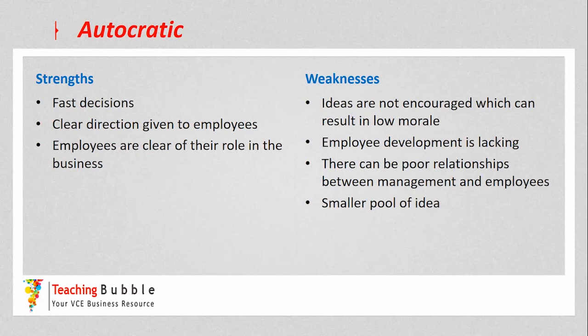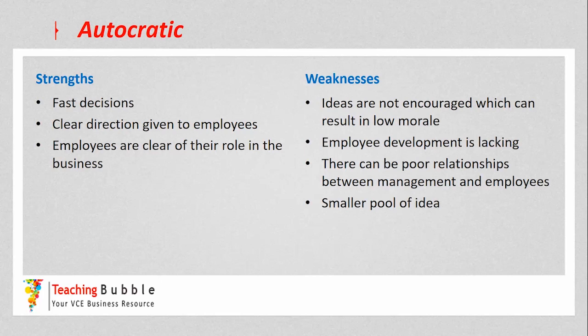However, there are some issues associated with using an autocratic management style. Ideas are not encouraged, which can result in low morale. What I mean by that is that ideas are not encouraged from the employees. It's just the manager saying, I make the decisions and I'll pass on that information in terms of what you need to do. Employee development is lacking because they're not involved in decision making or even understanding why a decision has been made. They're just being told what to do. Therefore, there's no real development in terms of their skills and abilities.